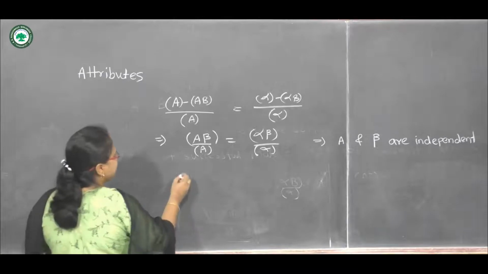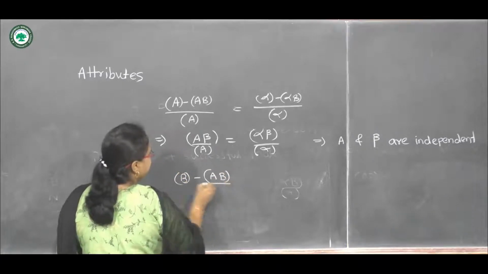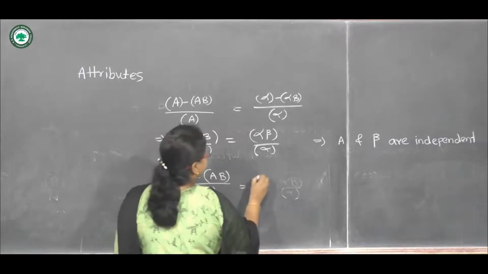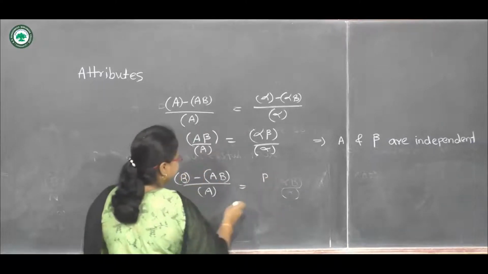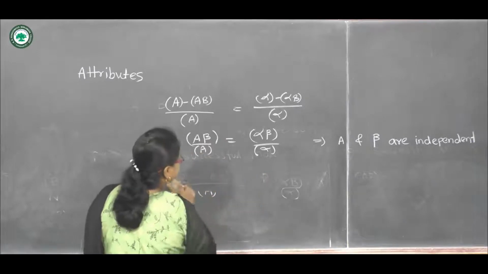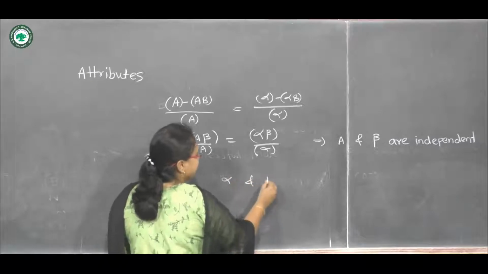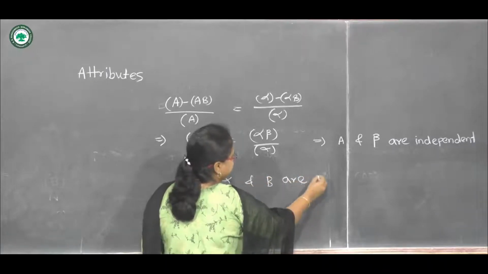Or we can write this as B minus AB upon A, and we can subtract B and show that alpha and B are independent.